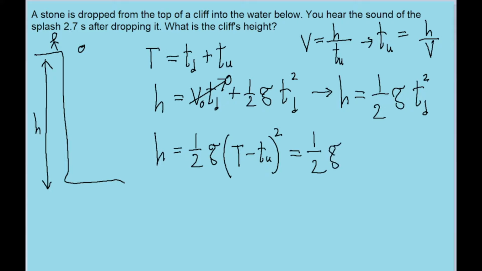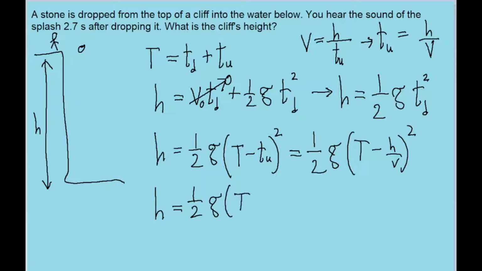So h is also equal to 1/2 of g times the square of big T minus h over v. So now this is our equation. h, the height we want to find, is equal to 1/2 of g times (big T minus h over v) squared. Now we want to solve for h, and you'll notice that even though everything in this equation other than h is known, the h appears again on the right-hand side of the equation under a squared term.